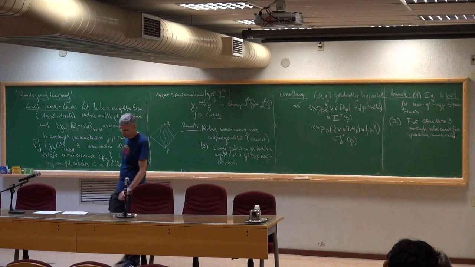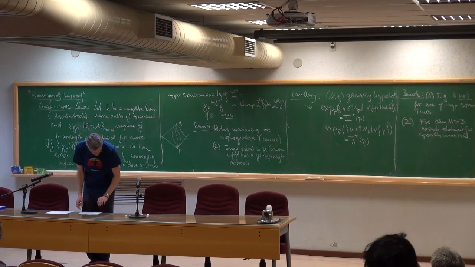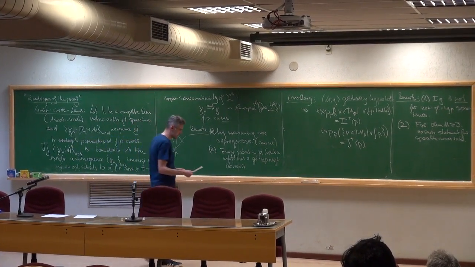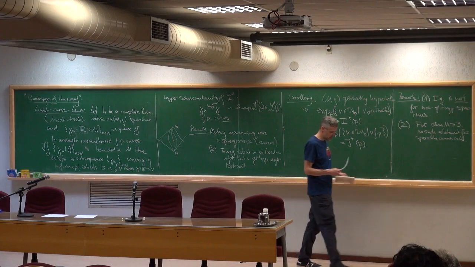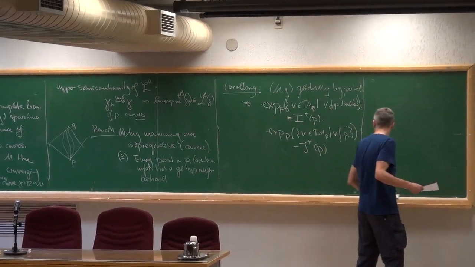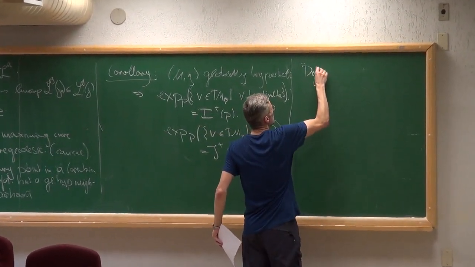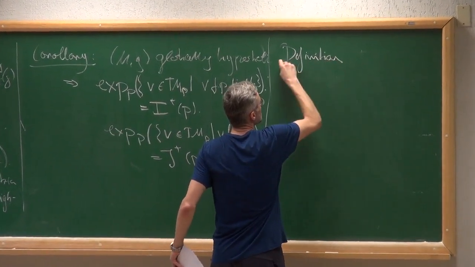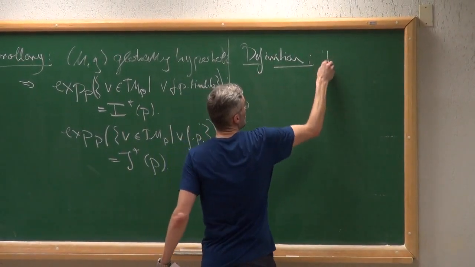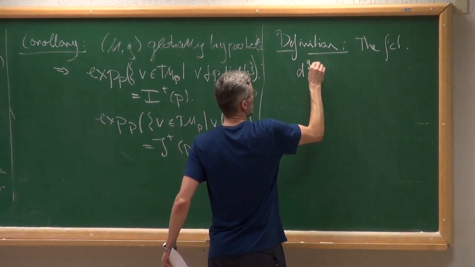Global hyperbolicity. And maybe after 5 minutes, then I can give you a definition of the distance function. So we can talk about geodesics and Morse theory tomorrow. So the function is actually d_g usually.